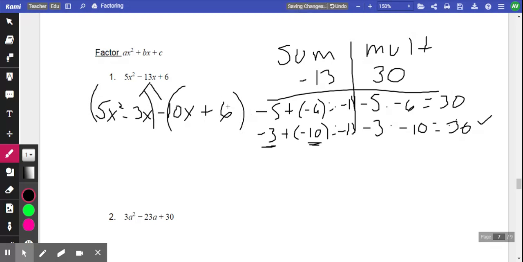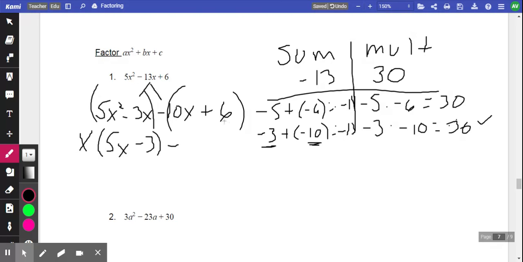So first step, group, and then we look for a GCF. The GCF between 5x squared and minus 3x is x. If we divide, 5x squared divided by x is 5x, and -3x divided by x is -3. There's a minus sign here, so we keep the minus sign.